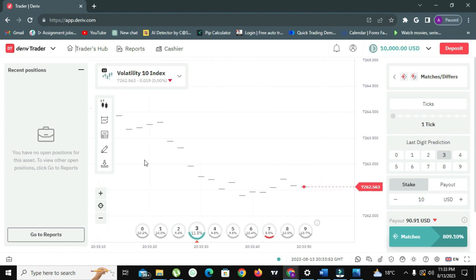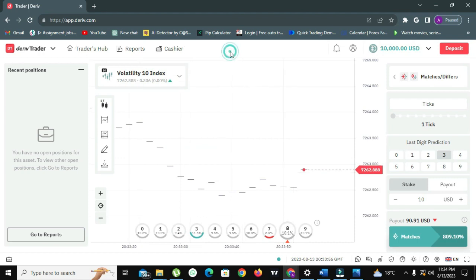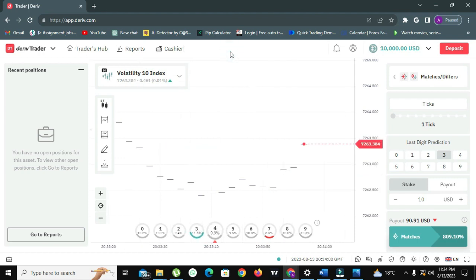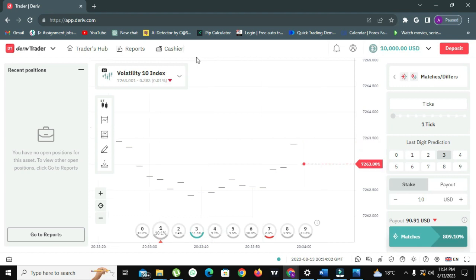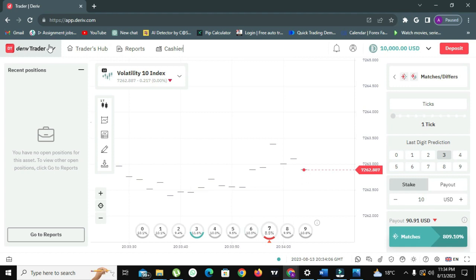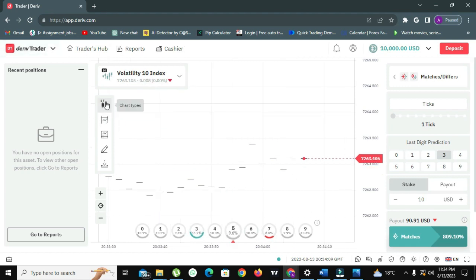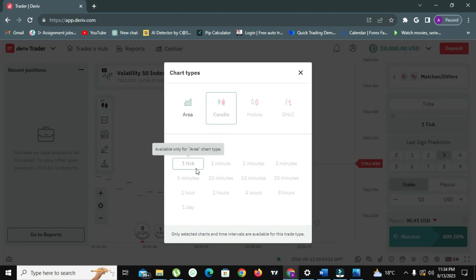Of course, other brokers offer indices, but those are extracted from stocks, from the S&P 500 and those kinds of things. Deriv indices are generated by a computer algorithm.